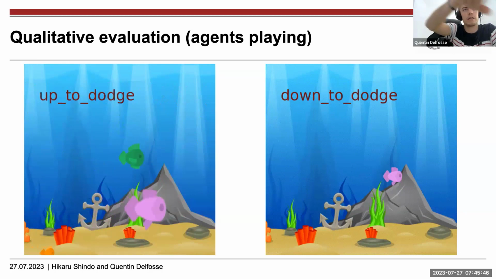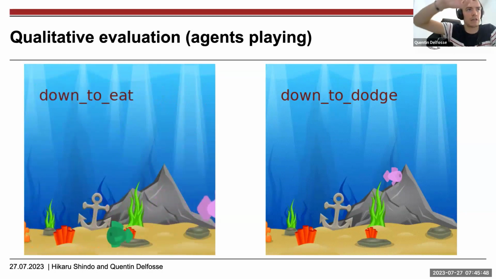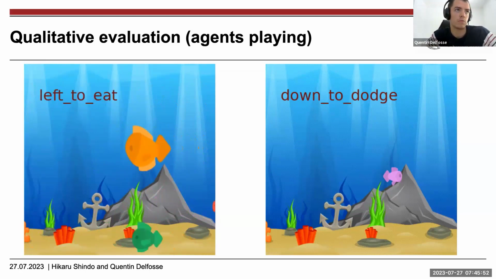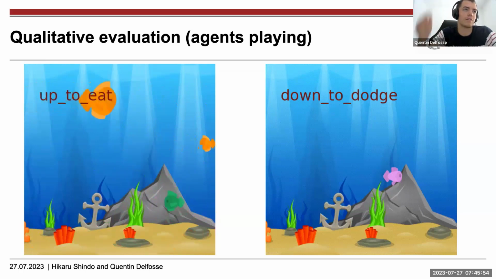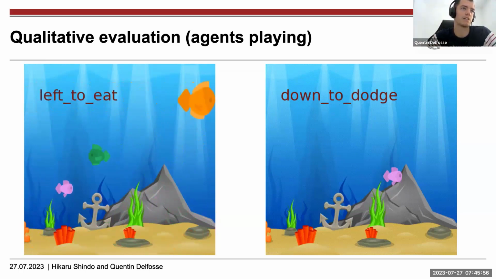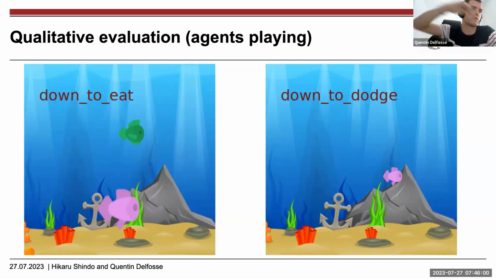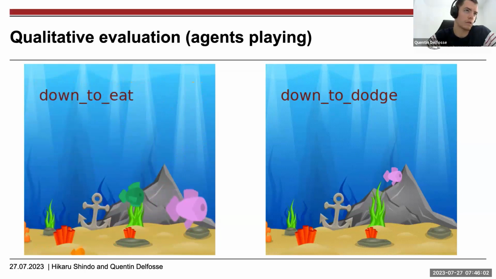So right at this moment, it's alternating. Of course, if we had a planner, we could compute the optimal path, and instead of going down, then up, then down, then up, we could go left directly. That was not the focus here.